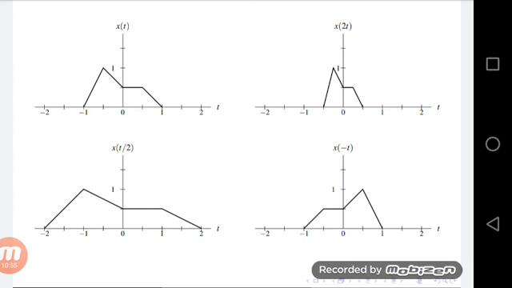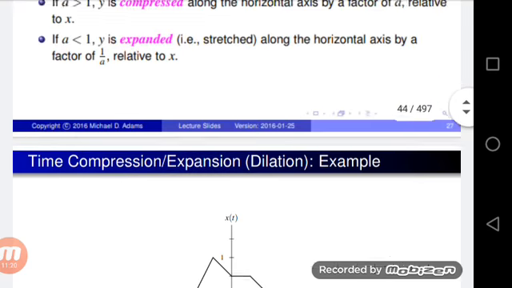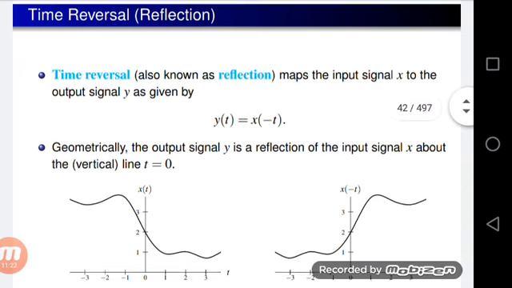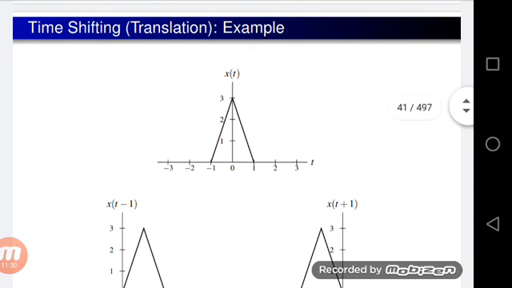So by using time shifting, time scaling, time compression and time expansion, the signal will change into different forms. It is time scaling, it is time compression and expansion, it is time reversal, that means a reversal operation, and it is time shifting.